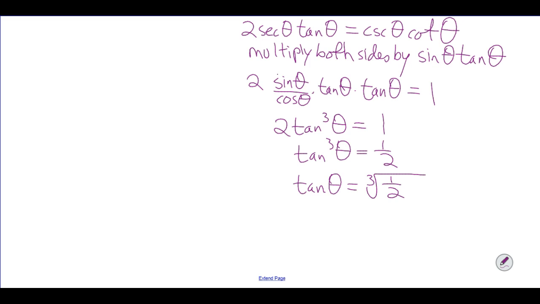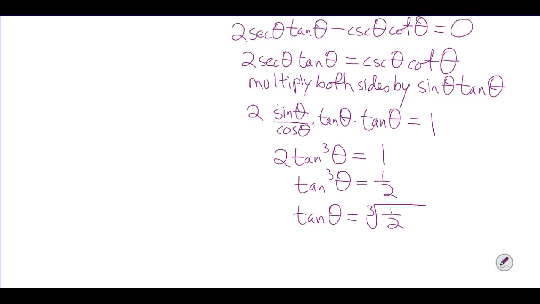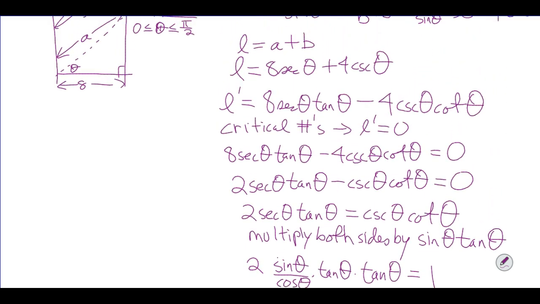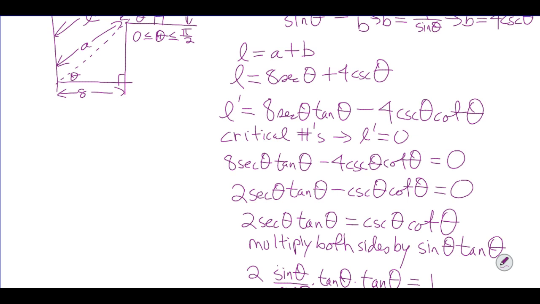Okay, so we have solved for tan theta. So now we've got to show that it's a maximum, right? So what was our first derivative? First derivative is sitting here, L prime, 8 secant theta tan theta minus 4 cosecant theta cotan theta. Okay, so we're going to make a chart.